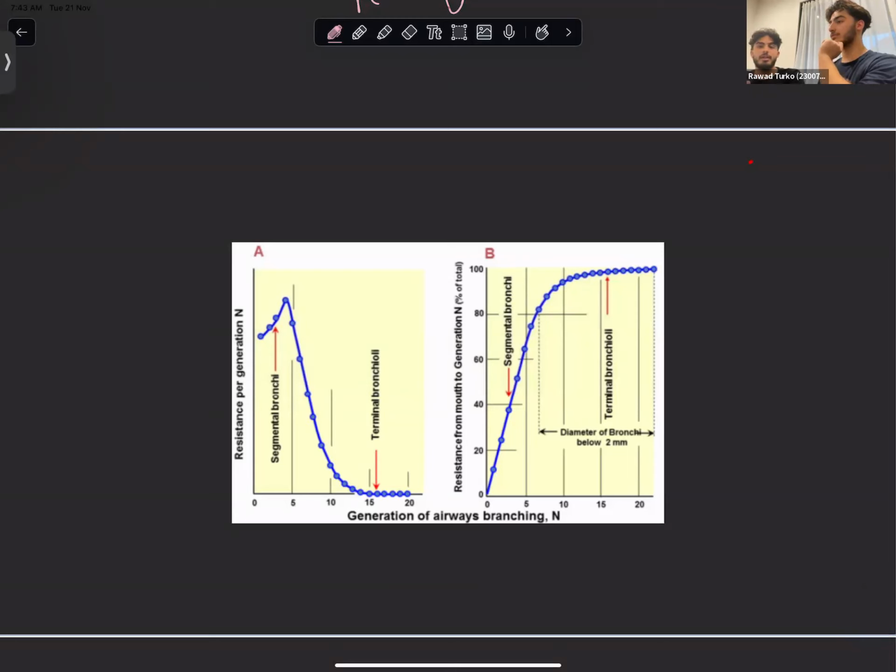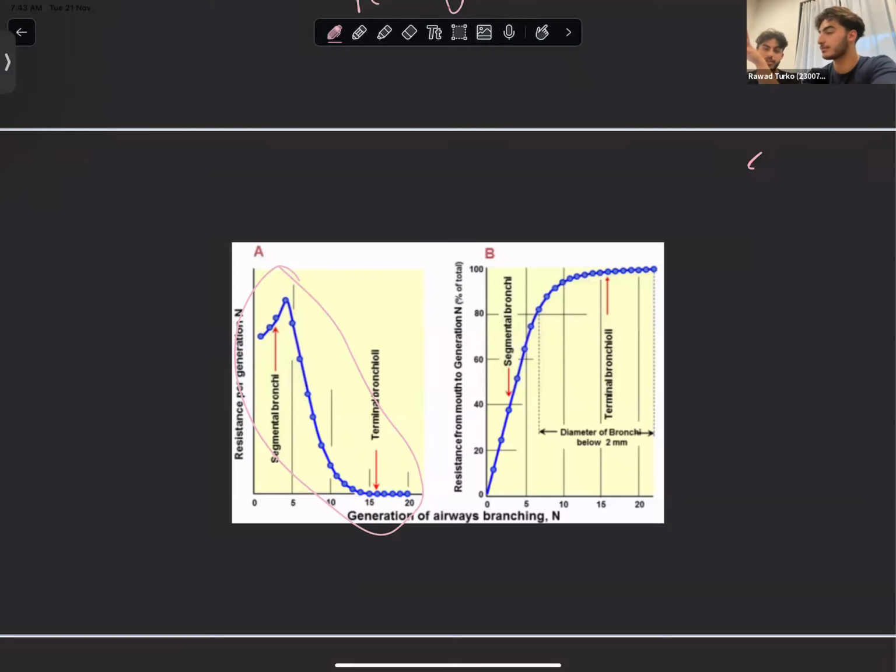I couldn't find any question that would test this topic here, but did you understand what happens in resistance here? Yes? Okay, at the bottom where we have our terminal bronchioles, we have a lot of small alveoli. So we have a lot of surface area.